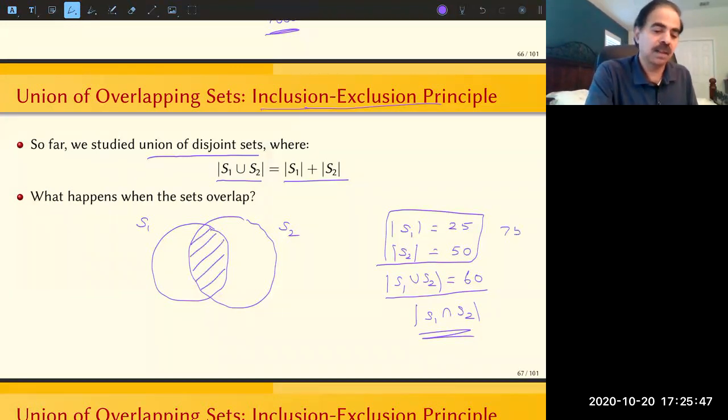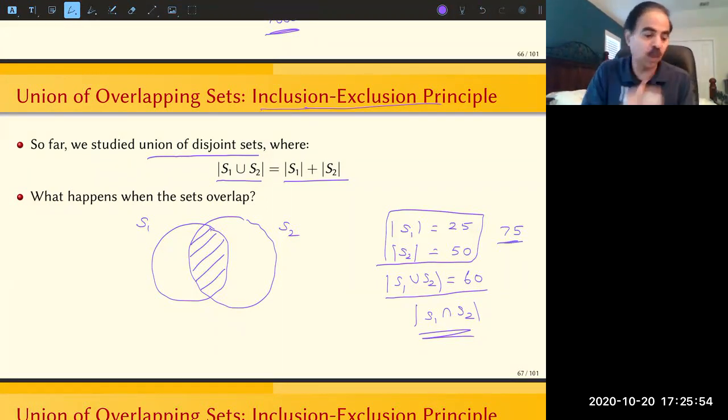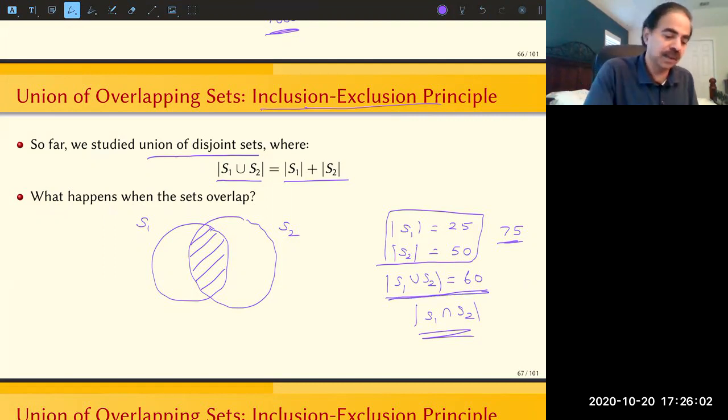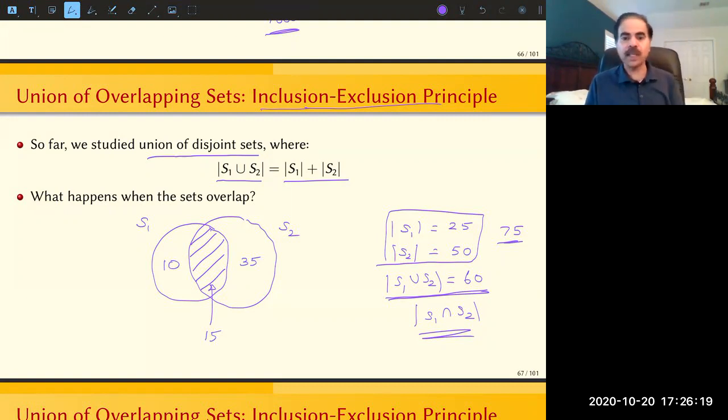If you simply add up the numbers, then you'll get 75, and there is double counting there. Now, if you're given the total size as 60, then you know that the intersection is 15. This is the way you solve this problem.